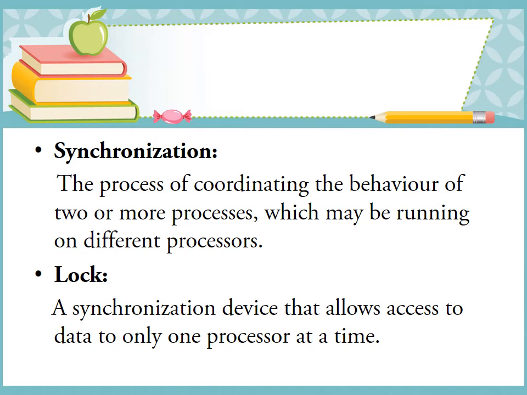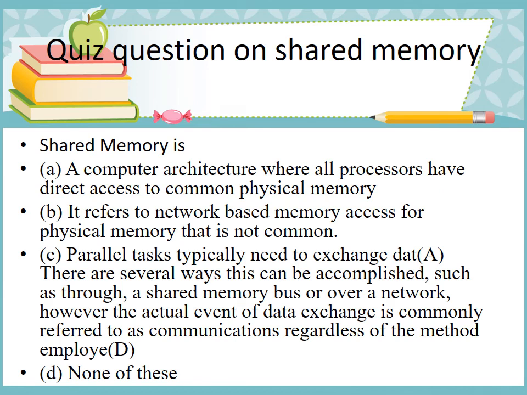That process is called synchronization. The next and final feature is the data lock, which means we can access only one processor at a time. For example, SISD, single instruction single data, is a good example of a lock instruction. Synchronization of that device allows only one processor to access it at that particular time.